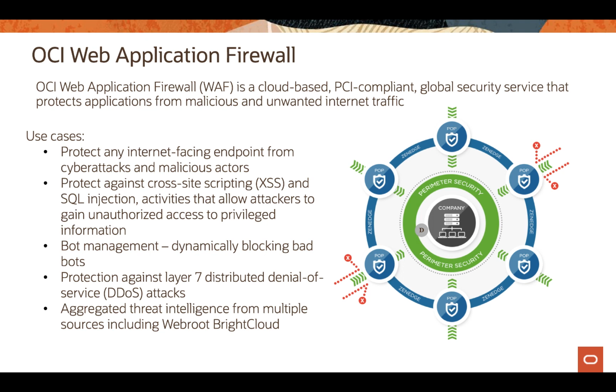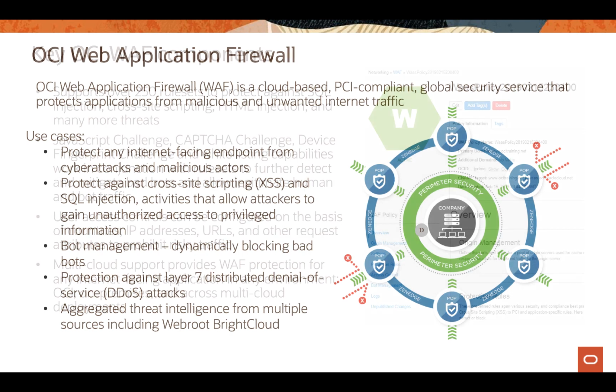You're going to see some of the rules that you can just enable and disable inside OCI WAF to protect your application. You can onboard your applications to the OCI WAF, and it will protect against layer 7 distributed denial of service attacks. So any DDoS attack will be protected with the WAF.